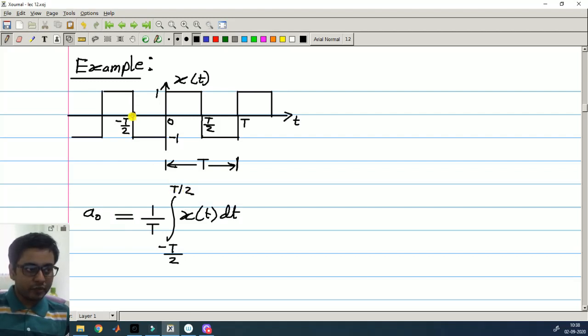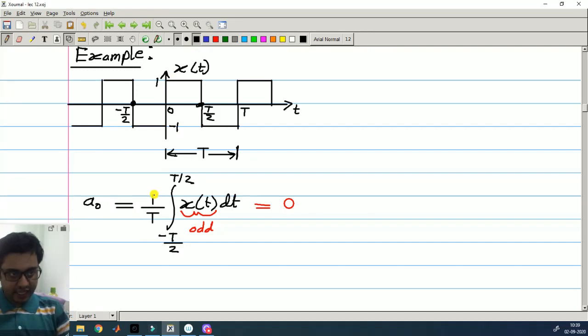That means from here to here, one complete cycle. And now you see that x is an odd signal, and therefore this integration will give us 0 because the positive and negative areas will cancel each other. So a0 will be equal to 0.